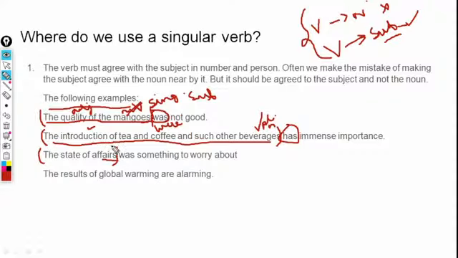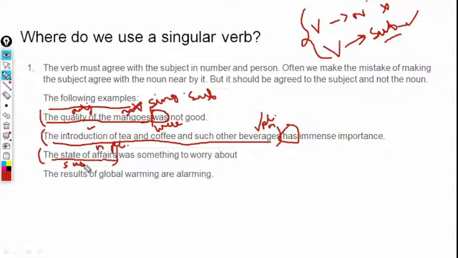Affairs, right? This is a plural noun. So immediately you will think that okay, this is wrong. We will correct the sentence into were. But that is entirely wrong. That is a huge mistake. Our subject is state of affairs, not only affairs.